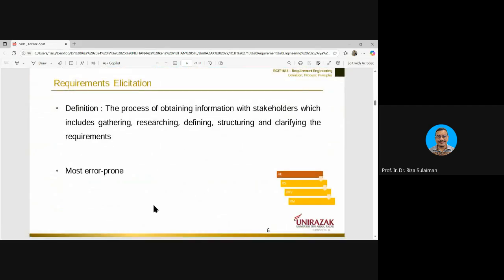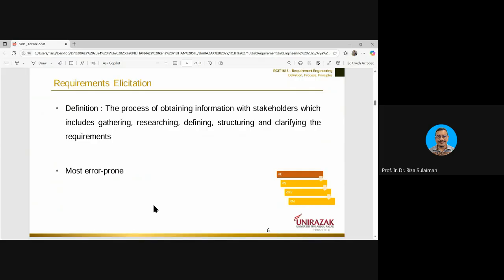Now, definition. As usual, for any topic or subject that you are learning, I always advise my students to look at the definition first because it will make it much easier to understand the topic. For requirement elicitation, the definition is the process of obtaining information from stakeholders, which includes gathering, researching, defining, structuring, and clarifying the requirements. This is very prone to error.